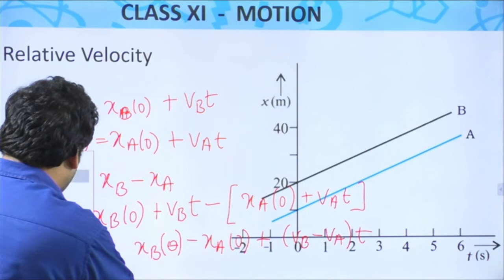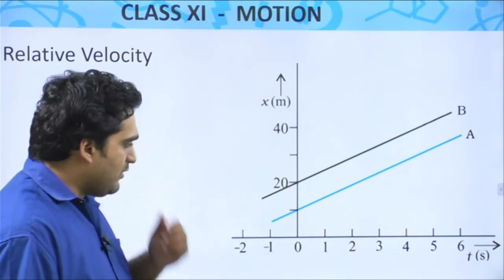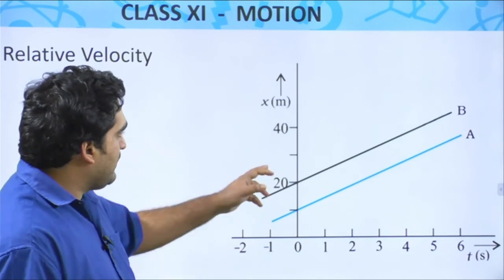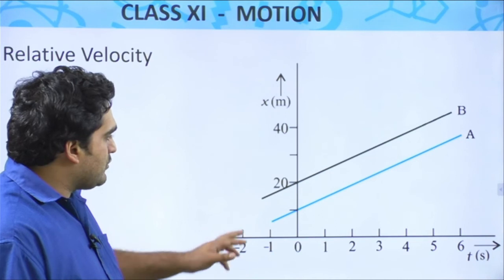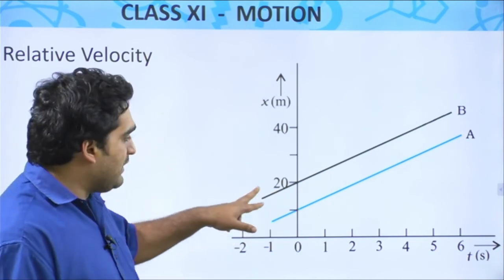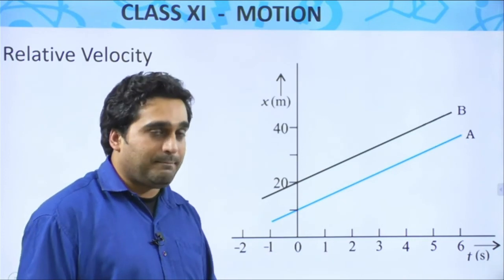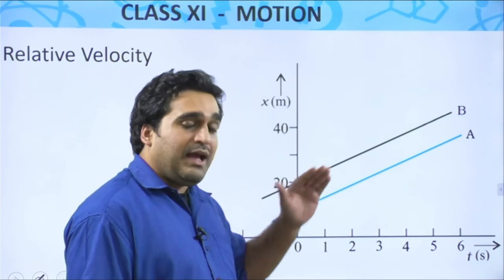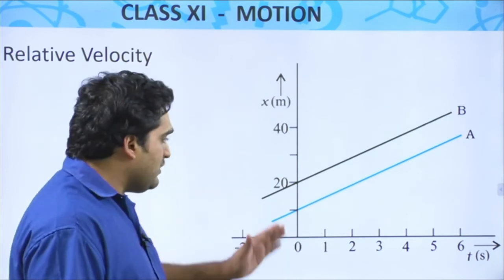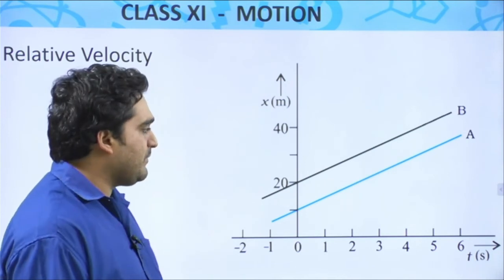You have time represented on one axis and distance on the other axis. Since they have the same velocity, the inclination for A and B will be the same. This shows that A and B have the same velocity, though the positions may be different.